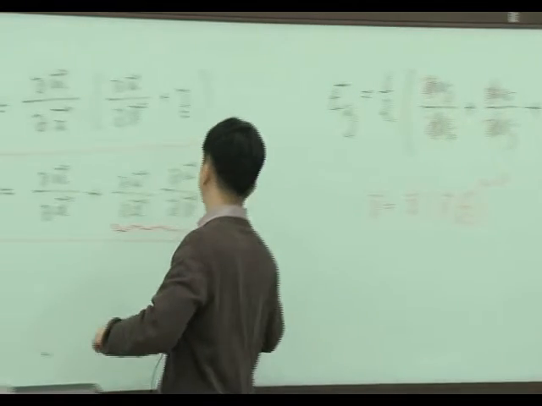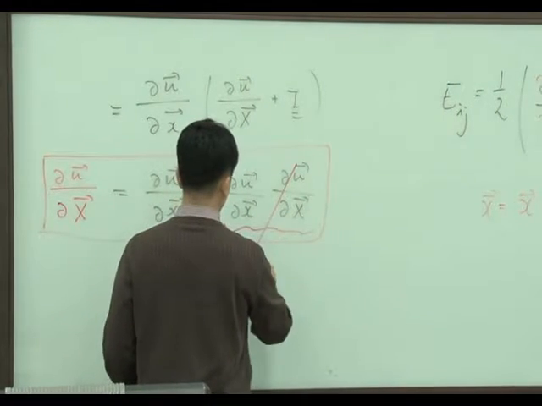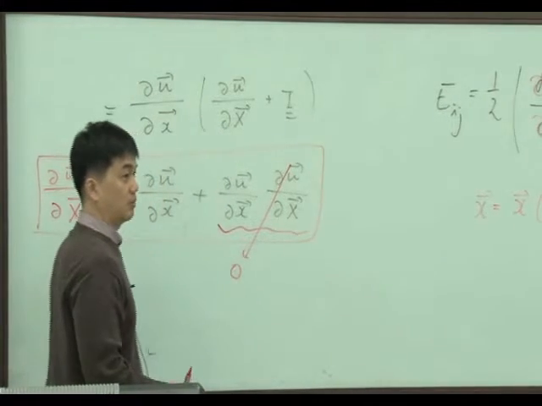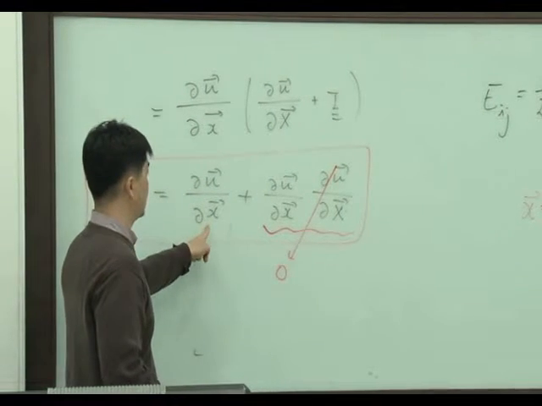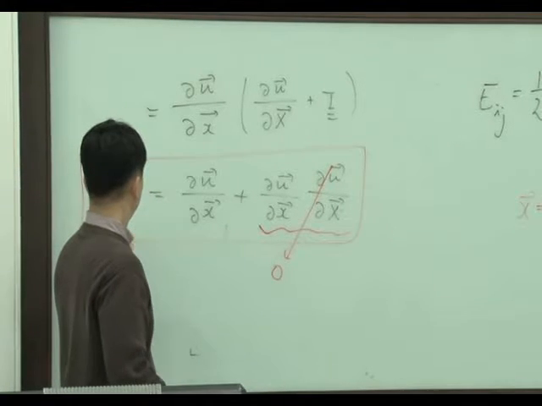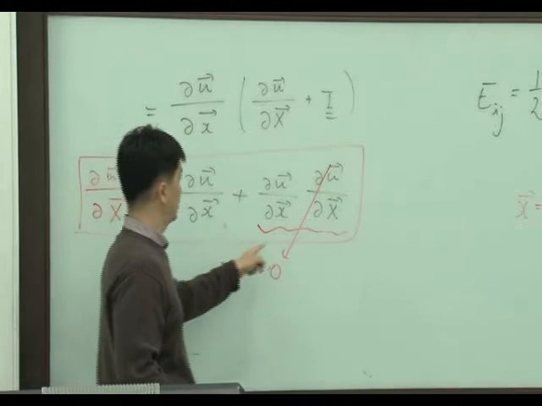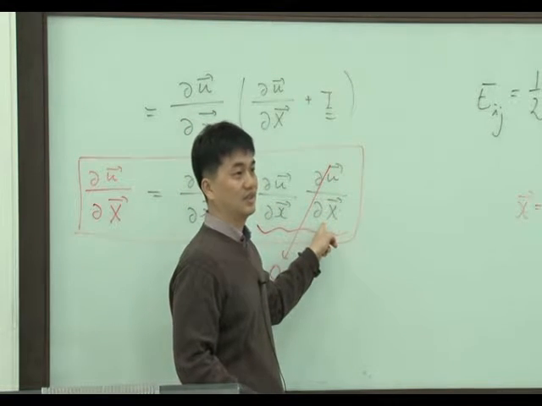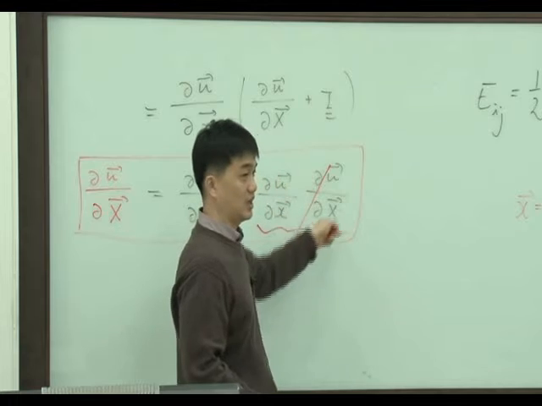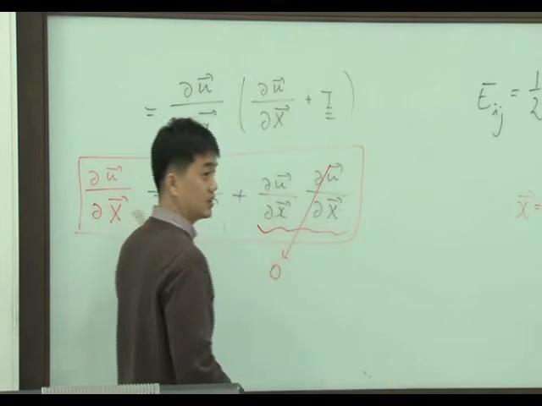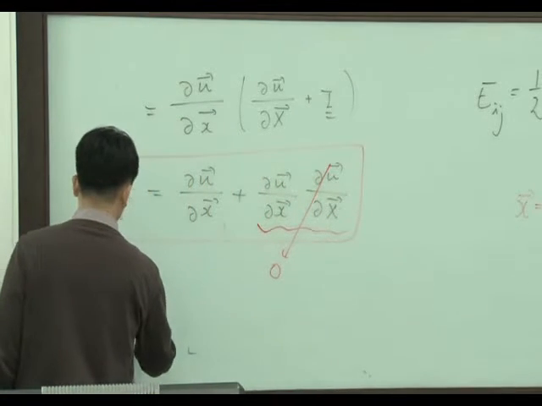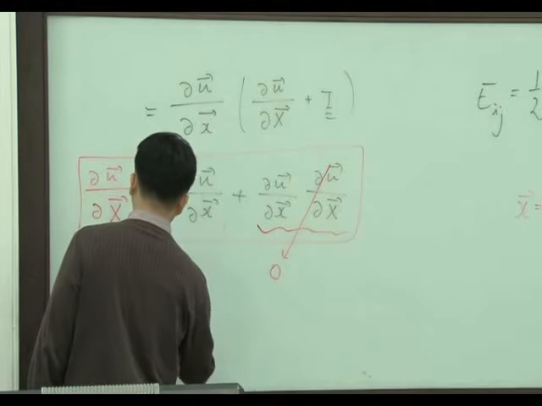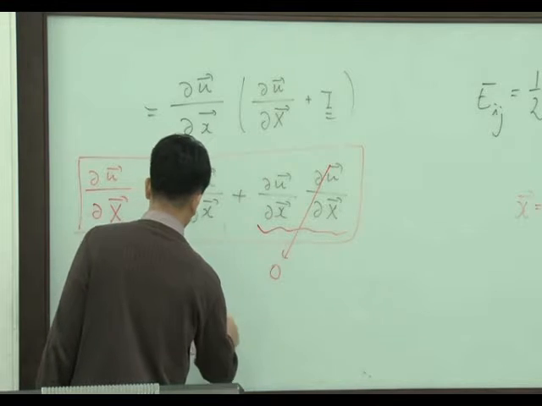So this part is very small, much, much smaller than this one and this one. This is a small one, and this is a small one multiplied by the other small one. So this part is much, much smaller than these two. So, finally, we can have partial X u equal partial x u.